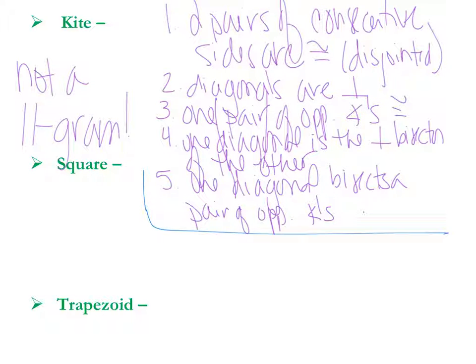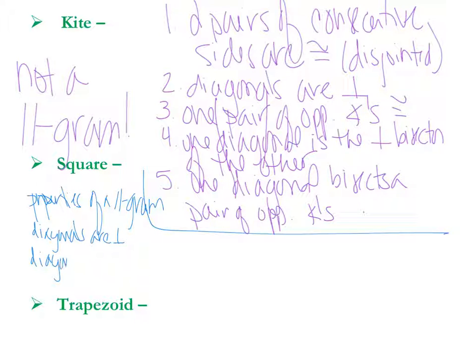All right, so now on to a square. A square is going to be all the properties of a parallelogram. And then we have diagonals are perpendicular, and diagonals bisect opposite angles. And all sides are congruent.